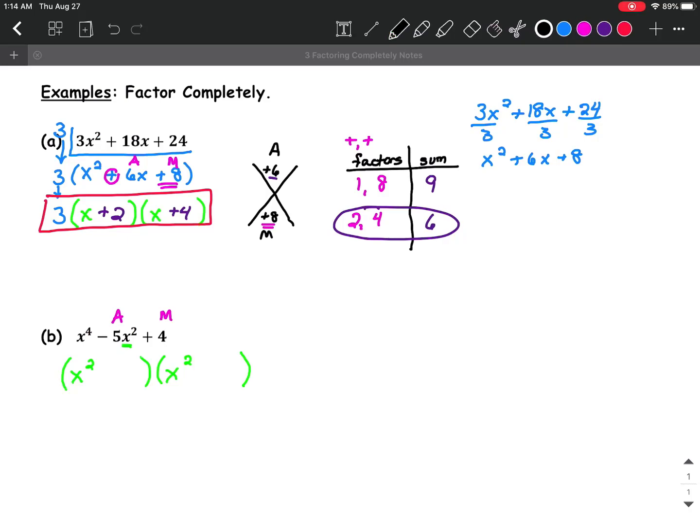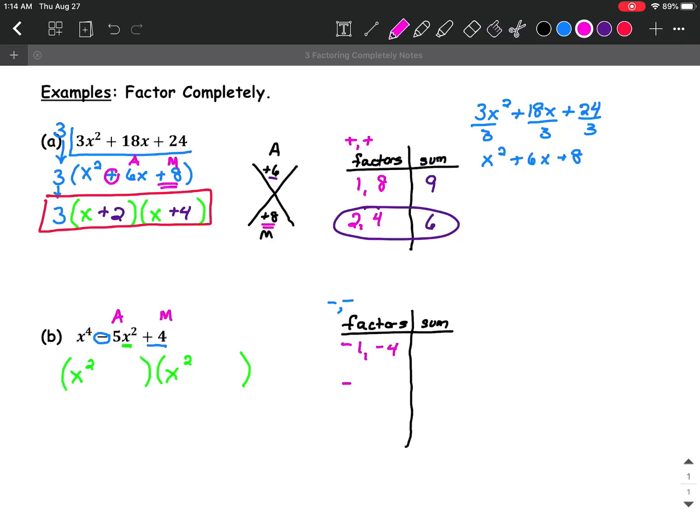So let's take a look at our factors and their sum. And our 4 is positive, so our signs are going to be the same. And our middle term is a -5, which means both of our numbers are going to be negative. So two negative numbers that multiply to 4. That would be a -1 and a -4.